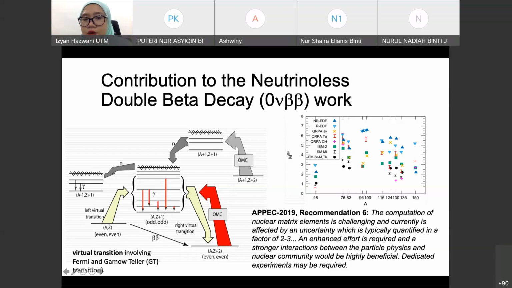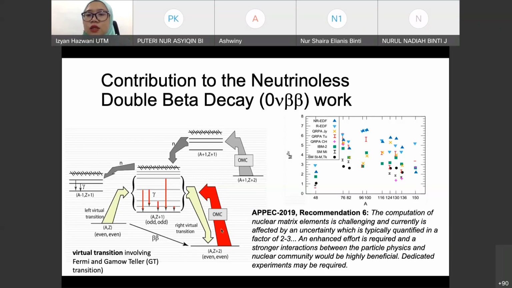However, for normal double beta decay, which involves two betas, they obtain some value which is around 10 to the power of 3, or about 2 or 3 orders of magnitude difference between the normal double beta decay and neutrinoless double beta decay.